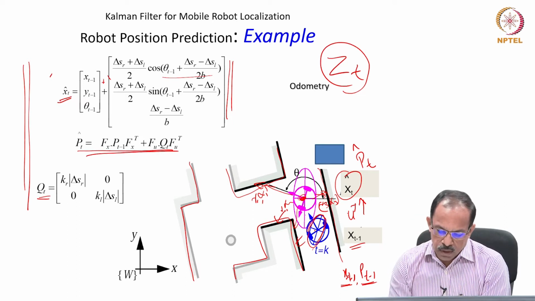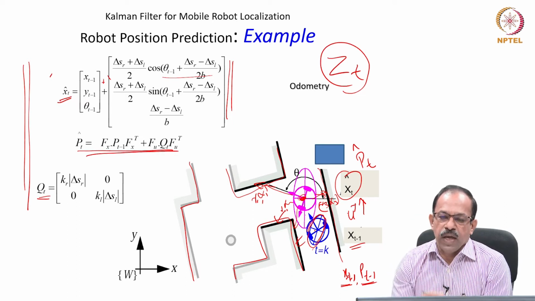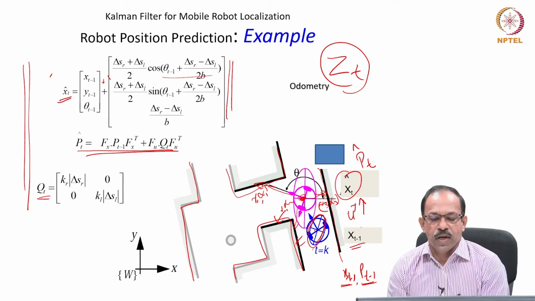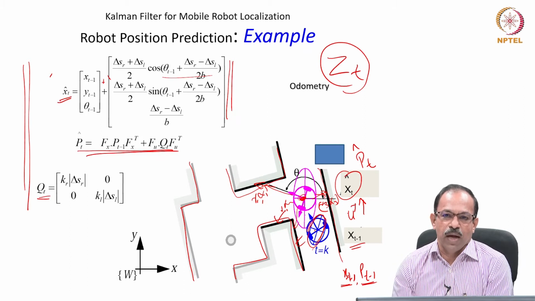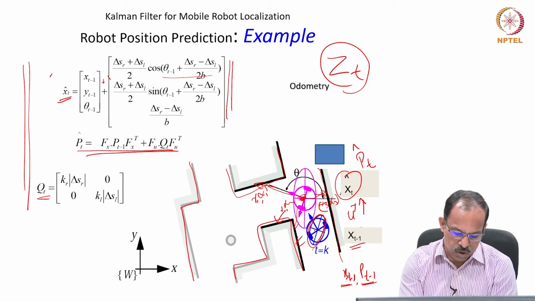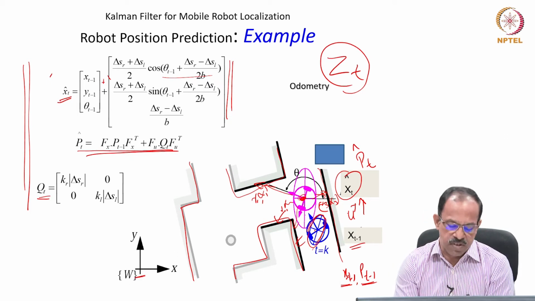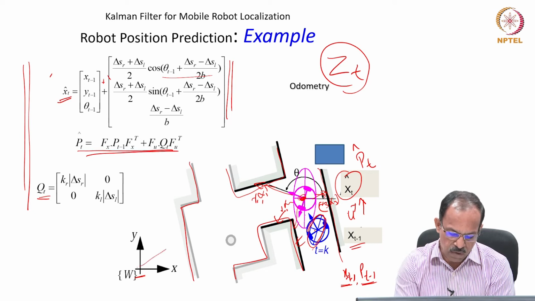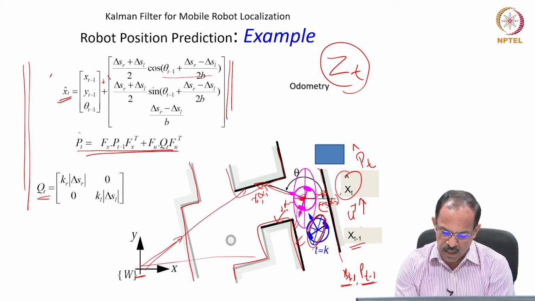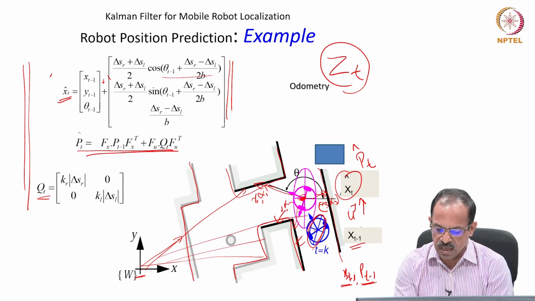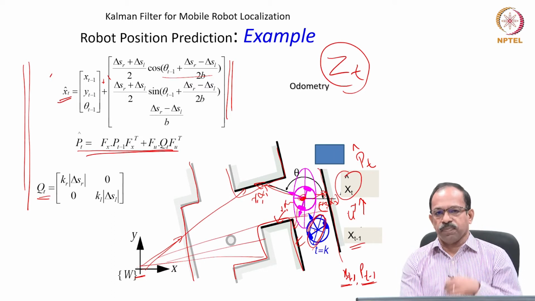Now, we have the map already given to the robot, and the robot actually checks with the map. Okay, so this is the map, and map has got a coordinate reference frame here, and the map has got all the information. From this reference frame, you have a wall here at r and alpha, you have another wall here, you have another wall here. All this information is there in the map.